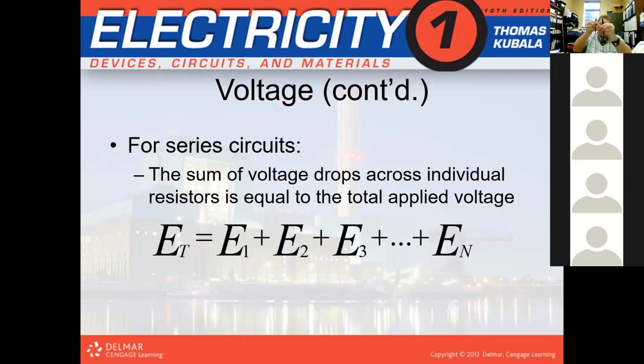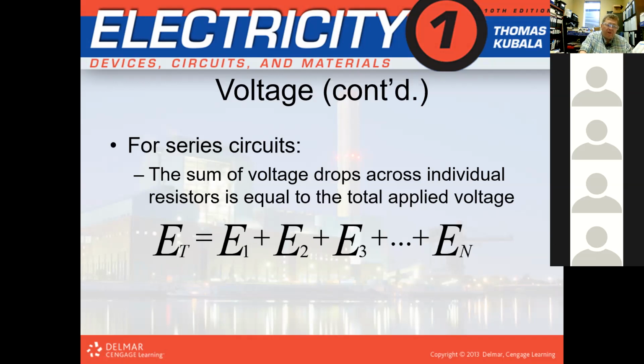You move to the second bulb, put it across there, the voltage drop would be E2 across the second device. You move your leads to the third one, and it's called E3. The dotted lines mean that you could have more things in series, and EN means the N would be however many of them that you have. It's an unknown. It could be a bunch of them.